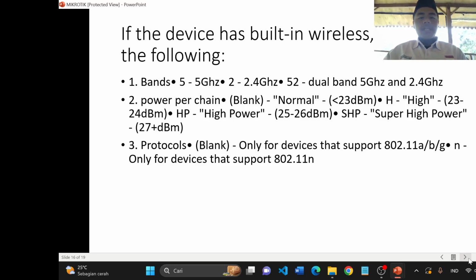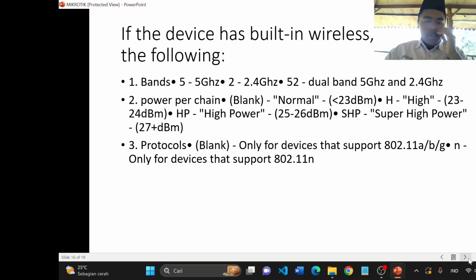If the device has built-in wireless, then write the following: 1. Bands: 5 GHz, 2.4 GHz, or 5 and 2.4 GHz dual band. 2.